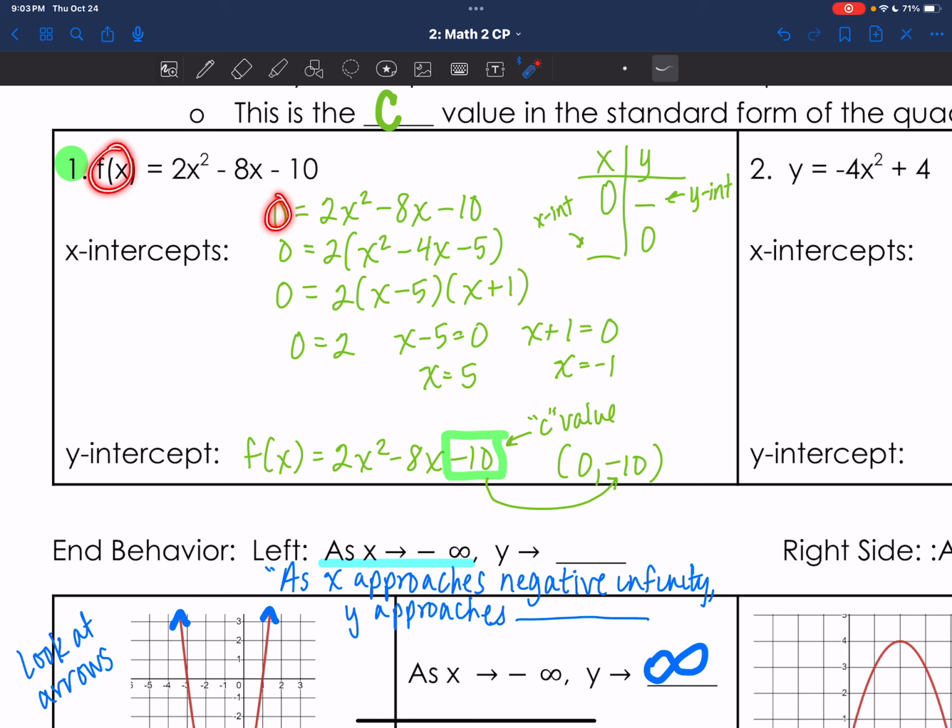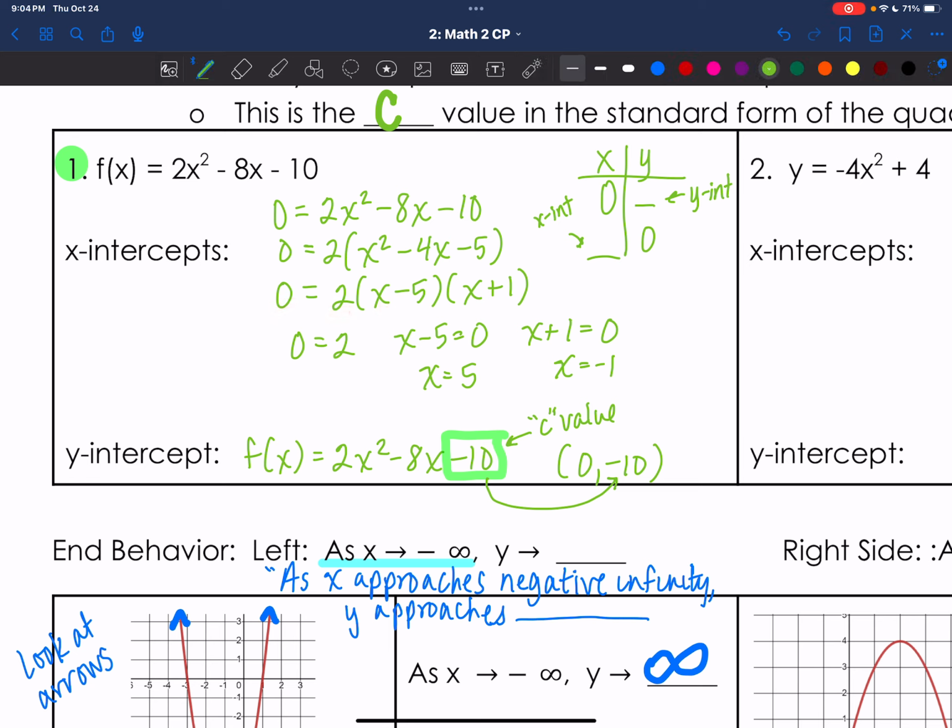And then we factored out our GCF, which is 2, took that out. Now we're going to take this and break it up and do our grouping. When you factor this, you're going to get 2 times (x minus 5) times (x plus 1). And now here, you're setting everything equal to 0. We did 2 equals 0, we did this equals 0, and we did this.